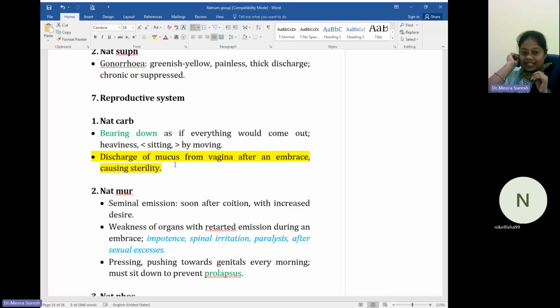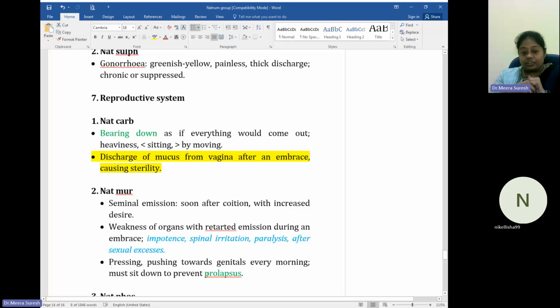They have a bearing down sensation, which means uterine prolapse. It's good for that, though we have better medicines for that. They have that bearing down sensation, aggravated from sitting, ameliorated by moving about. Then when we come to natrum mur, we can see prolapse here also. There is a pressing, pushing towards genitalia every morning.